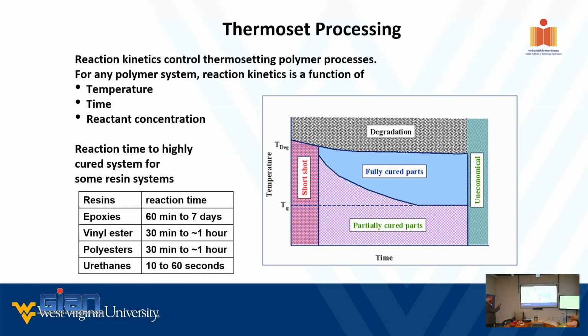All right, so I gave you some numbers. More recently, we are looking at urethane materials, not necessarily because they cure fast, yes, they cure fast, but because the urethane chemistry is a little bit easier to handle and also a little bit cheaper now than the epoxies, and a few other reasons.